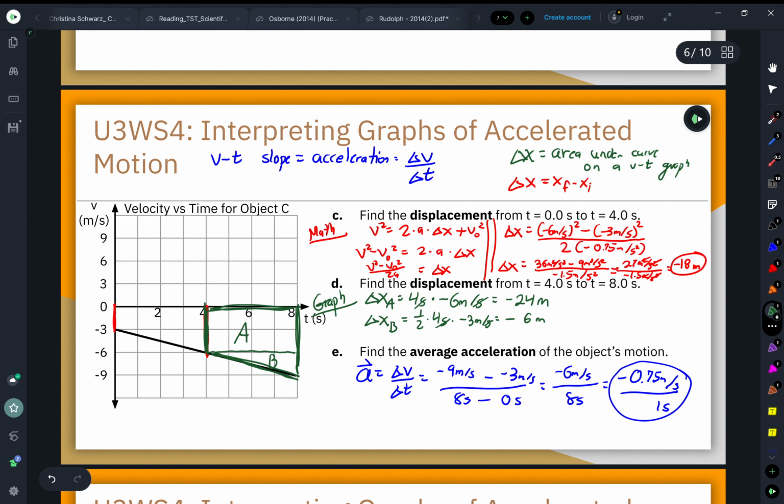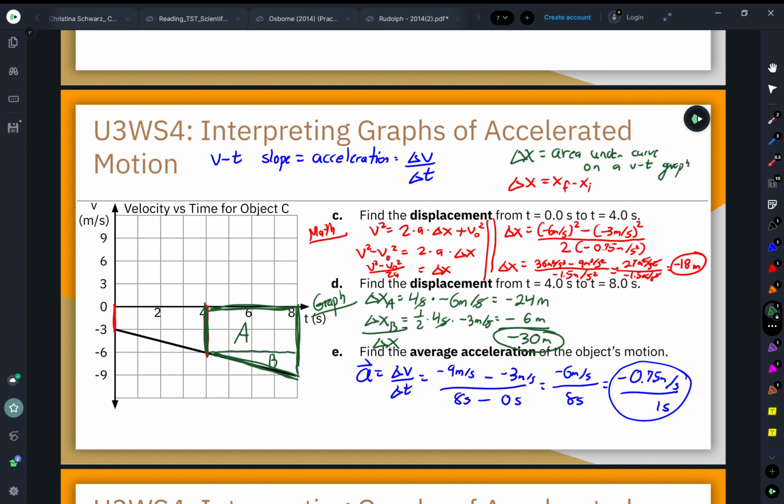So the displacement of region B is -6 meters. So the total displacement from 4 to 8 seconds is just combining those two displacements, which would be -30 meters. Two different ways to end up with the same type of solution.